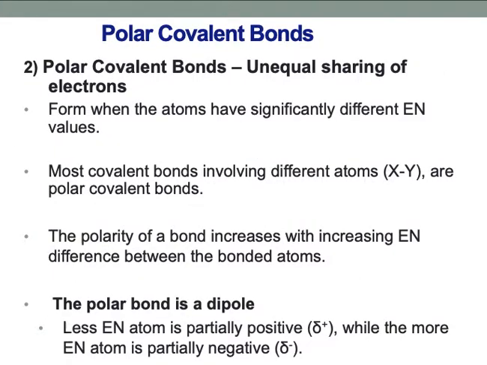Polar bonds, or unequal sharing, form when we have a significant difference in electronegativity. And the more different those two elements are, the more polar it can be. And it increases as the difference between the two atoms in electronegativity increases. So the atom with less electronegativity will be partially positive, and the one with a higher electronegativity value, or EN, will be partially negative.